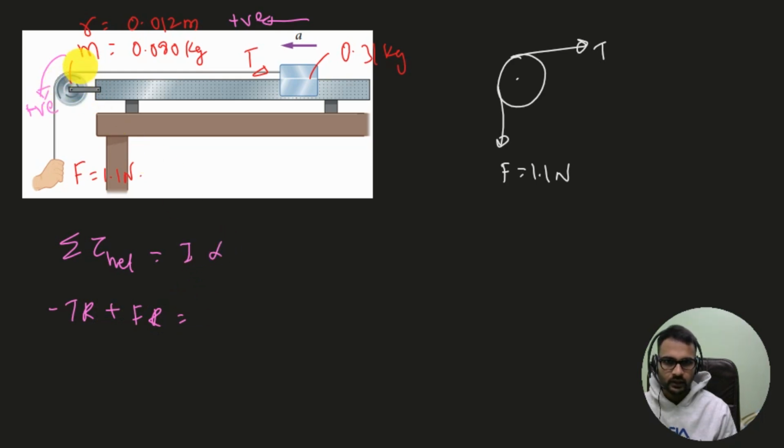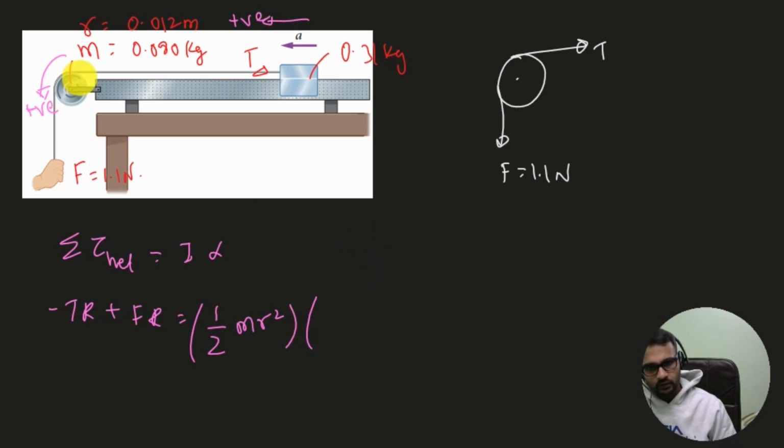I is, here this pulley is a disc-shaped pulley of mass M, and radius R is given. So 1 by 2 m r square would be the moment of inertia, multiplied with alpha. Now because this string unwraps without slipping and friction is not present here, alpha can be written as A over R, right?